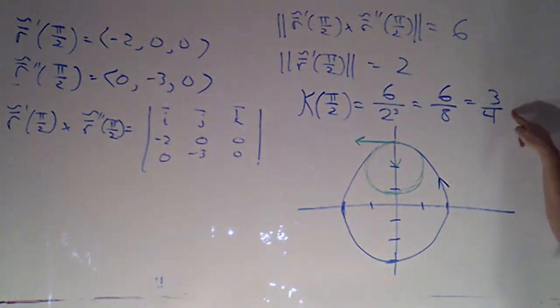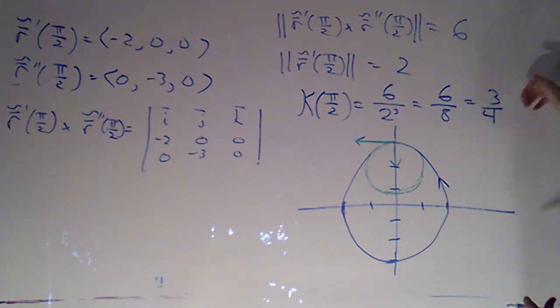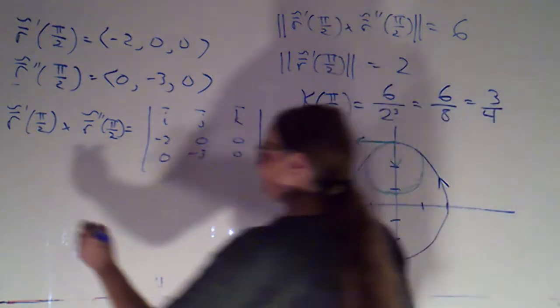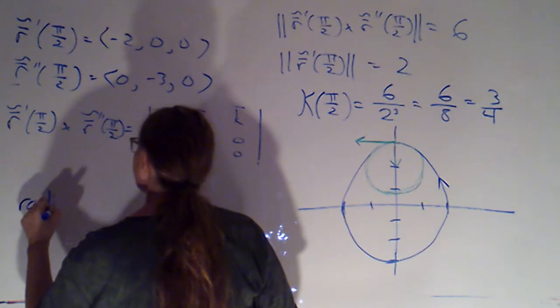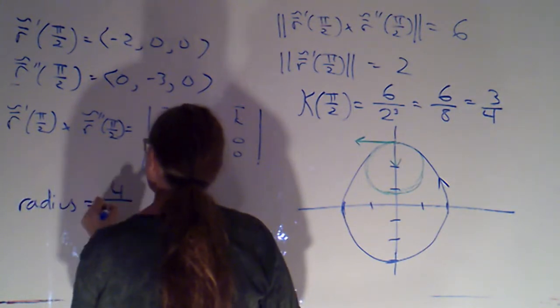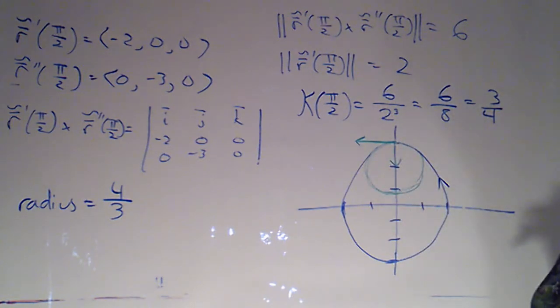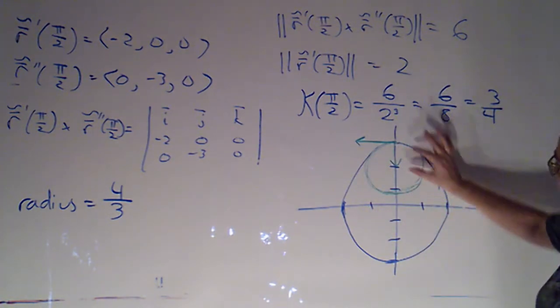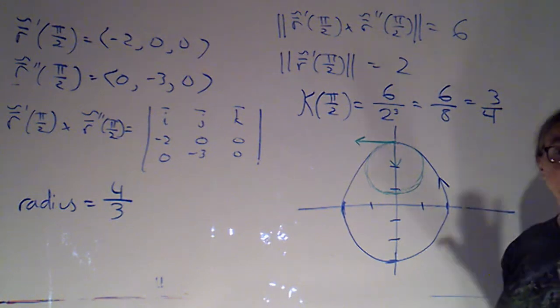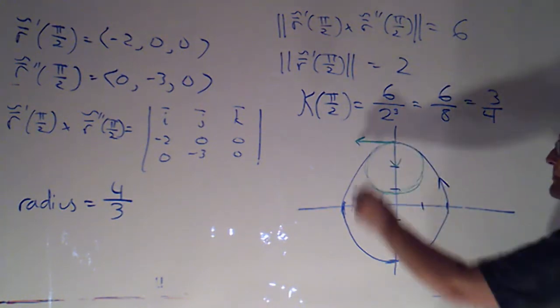Now if that's the curvature, that means that the radius of my osculating circle is the reciprocal of that. So the radius of my osculating circle is 4/3. So what I drew freehand looks pretty reasonable. It's not perfect, but it looks like I had a radius that was a little bit bigger than 1 just by eyeballing it.